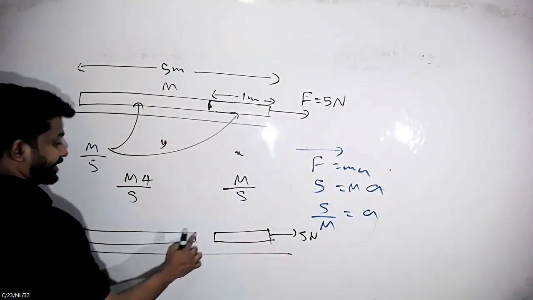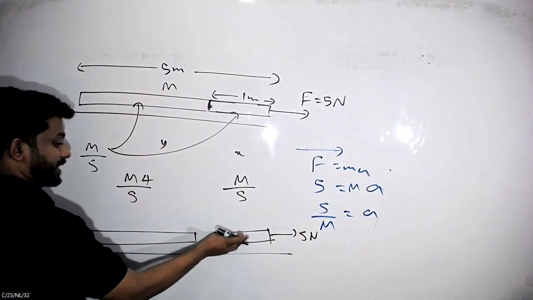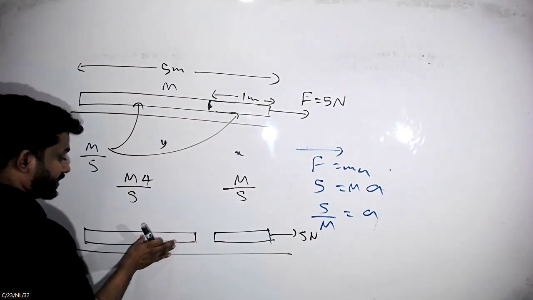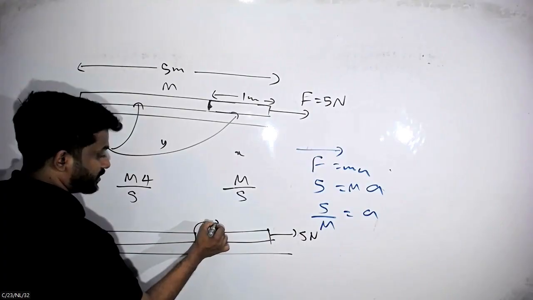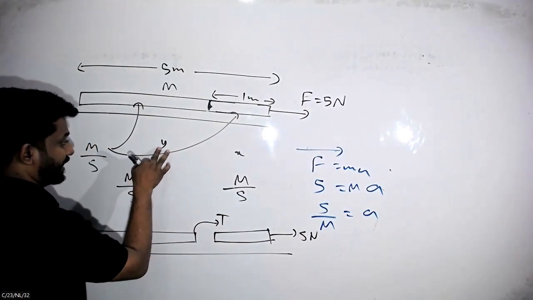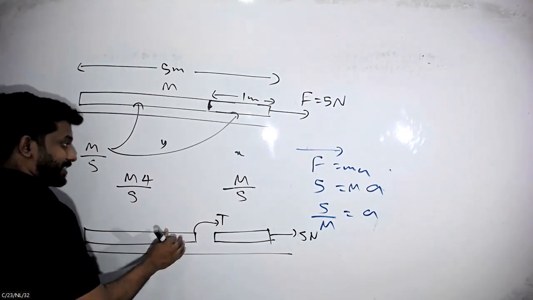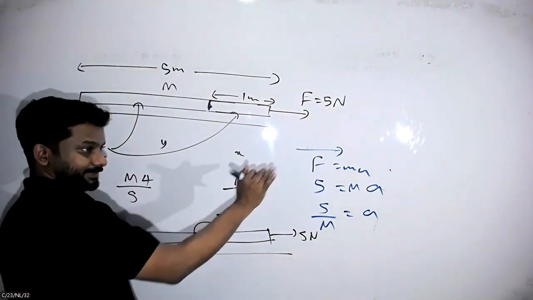Then you can identify action and reaction at these two ends. This segment should exert a force on the Y segment to accelerate this segment to the right side. This one is the force acting on Y segment exerted by the X to accelerate Y segment to the right side.